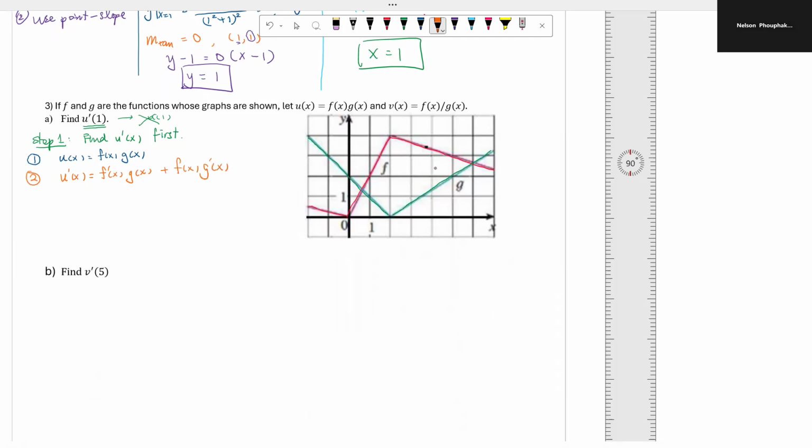Okay, so we work with the product rule to find the derivative of u. And then we are going to substitute to find u prime of 1, which is f prime of 1 times g of 1 plus f of 1 times g prime of 1. Okay.